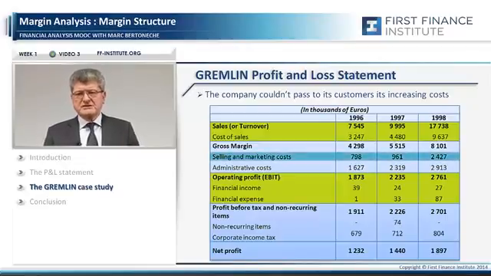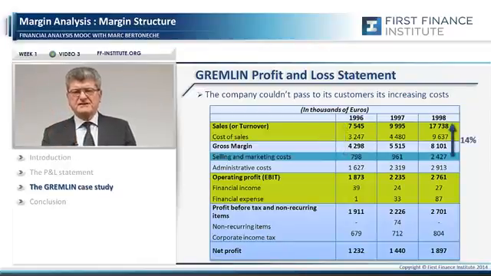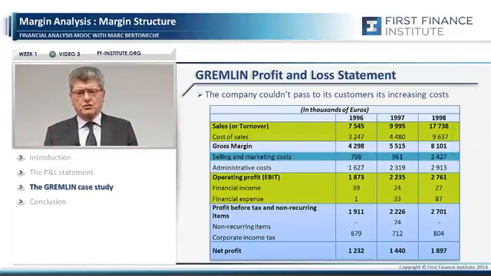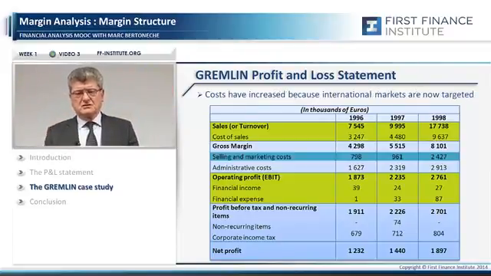Moreover, the selling costs have gone from 11% of sales to 14% of sales in 2 years. Gremlin's market is no more local, not even regional or national. It has become global, international, and the distribution cost and other selling costs have increased.